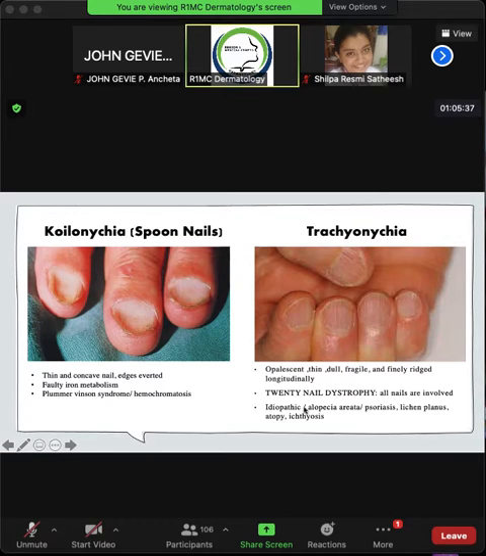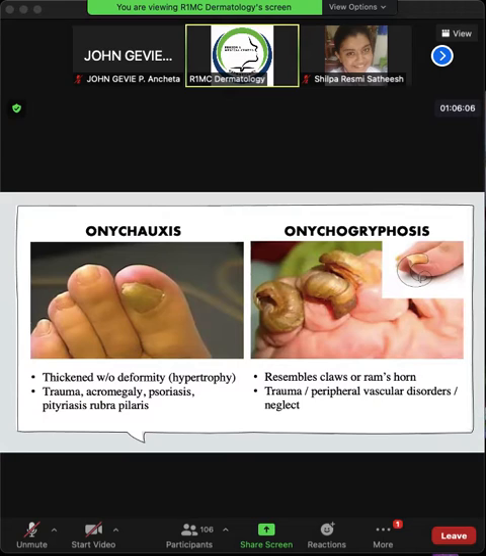So this has been reported in patients with associated autoimmune processes such as your selective IgA deficiency, vitiligo, sarcoidosis, and your graft versus host disease. And your tazarotene or in combination with your topical corticosteroids may improve your treatment.